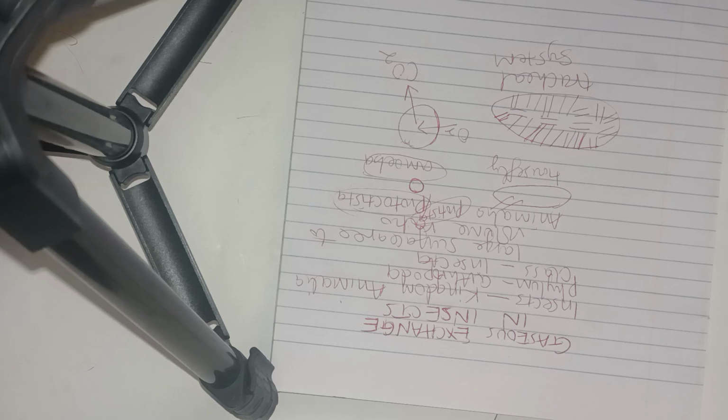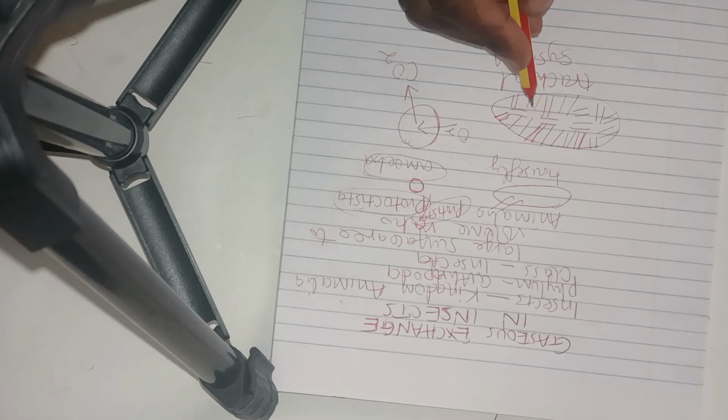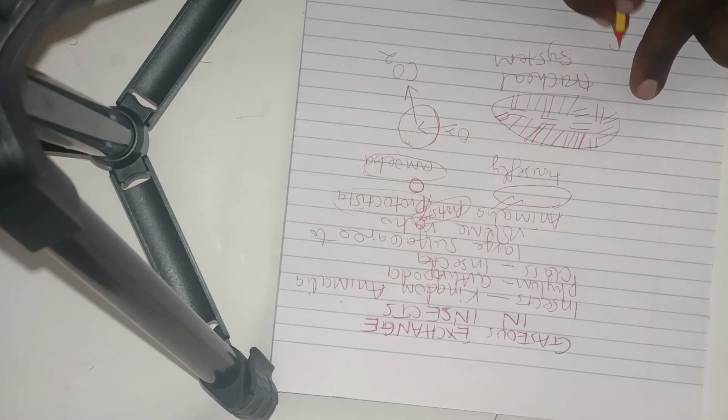Now, the tracheal system of an insect, which forms the breathing system, consists of three very important structures. We've talked about air tubes, but you can narrow down and give three very important parts that form the tracheal system of an insect. For your information, first know that an insect has segments.